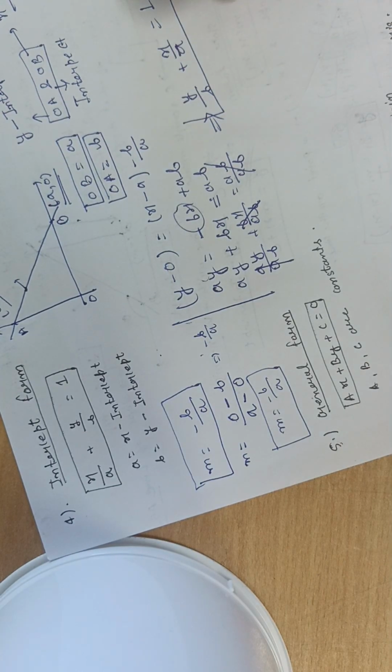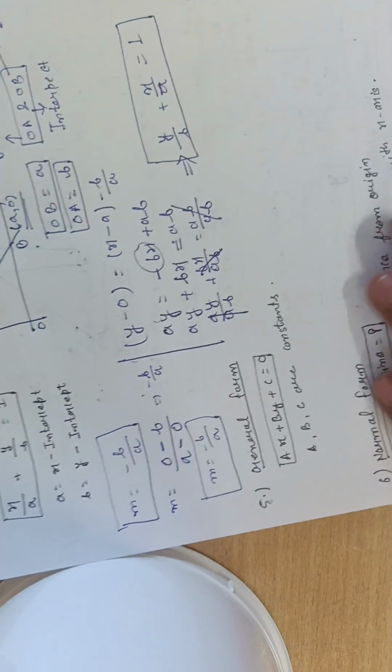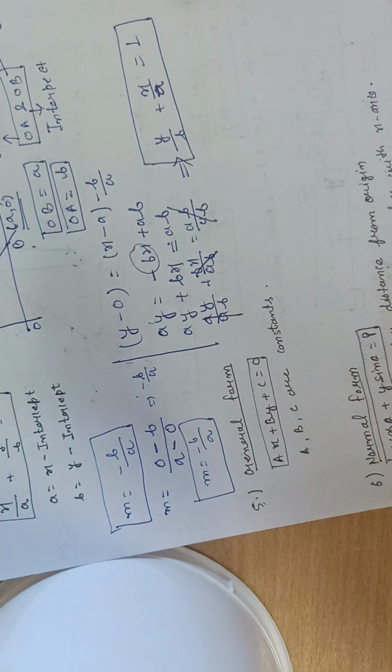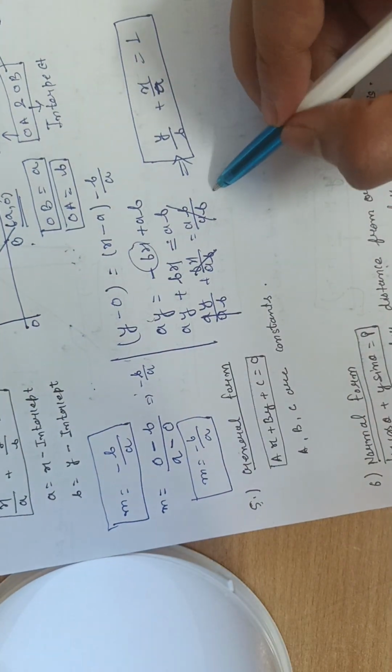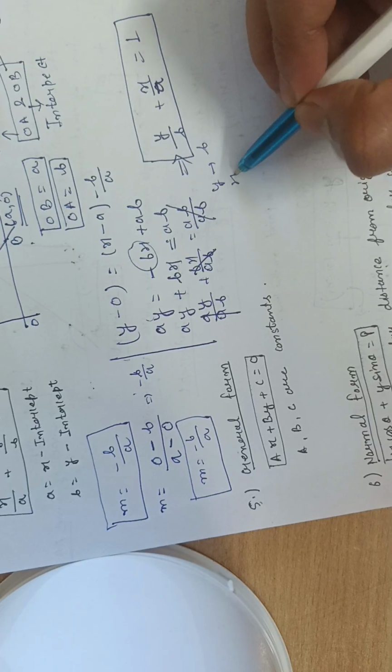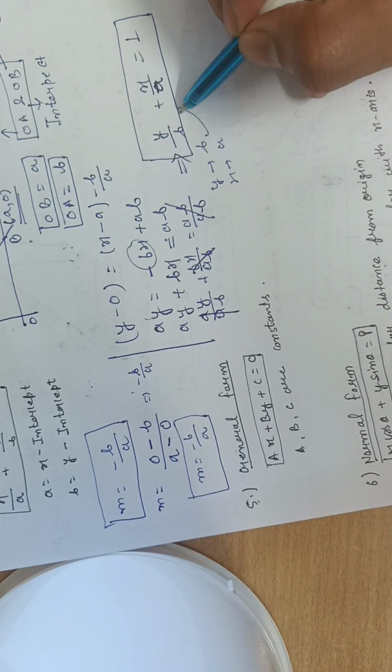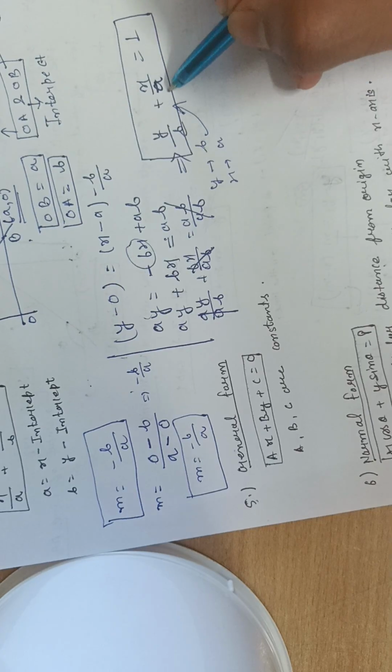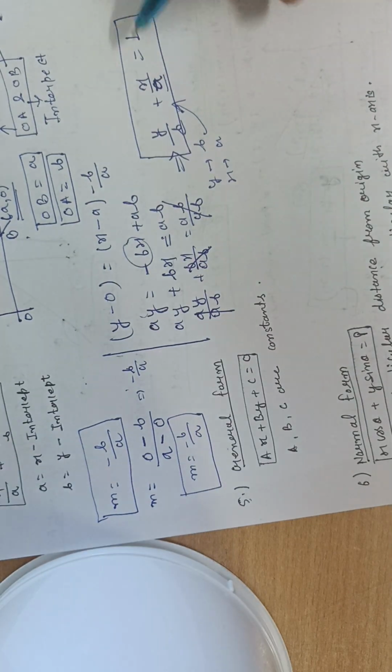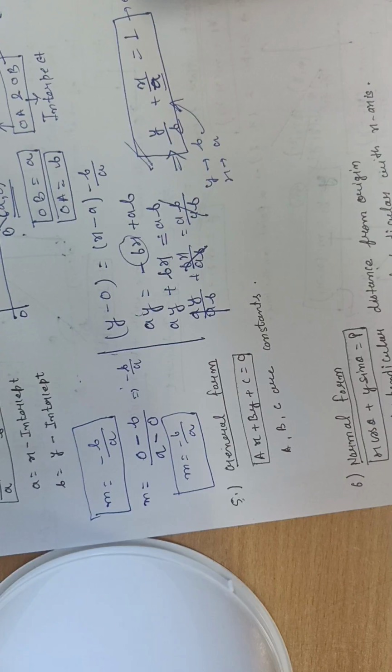This is the intercept form of the equation of a line. In a question, suppose you are given the y-intercept b and the x-intercept a, you just put the values of a and b in this equation and you will get your equation of line.